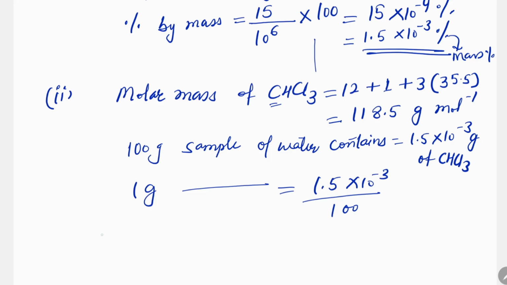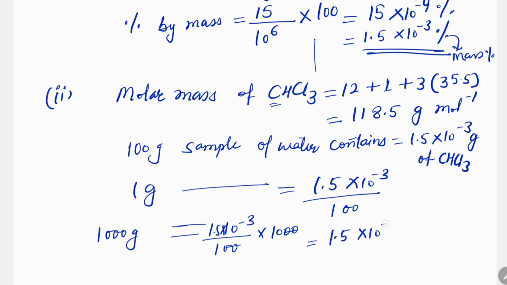And in 1000 gram, that is 1 kilogram, it is 1.5 into 10 raised to power negative 3 divided by 100 multiplied by 1000. That comes out to be 1.5 into 10 raised to power negative 2.